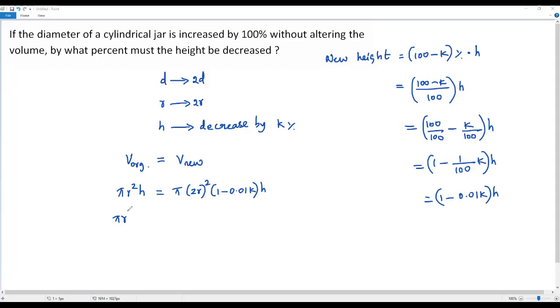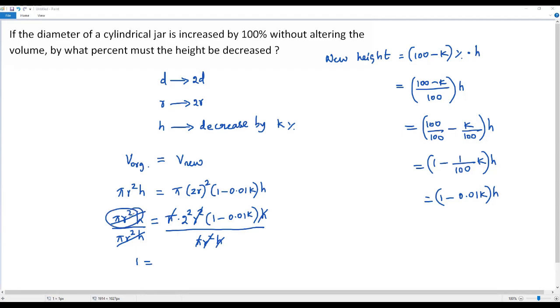Here pi R square H equals pi times 2R, the whole square, times the new height. Whenever two values are multiplied and there is a common exponent, the exponent can be taken separately for each and the results multiplied. Then I get 2 square times R square times 1 minus 0.01 K times H. Now let me divide both sides of the equation by pi R square H. The pi R square H cancels out on the left side, and the resulting equation is 1.